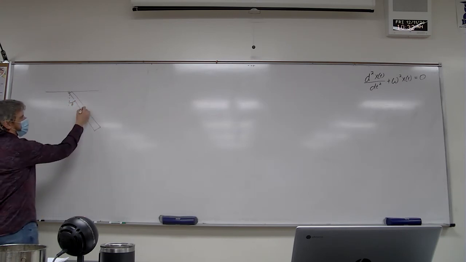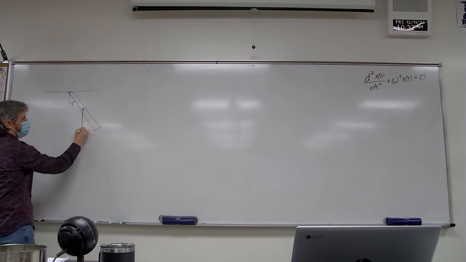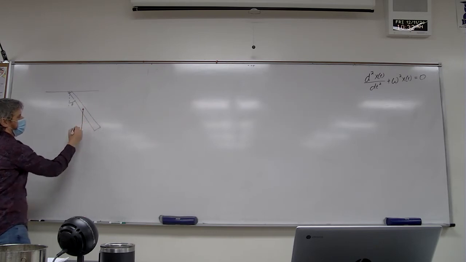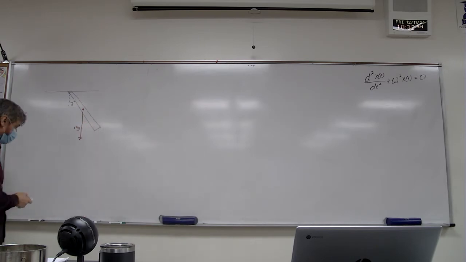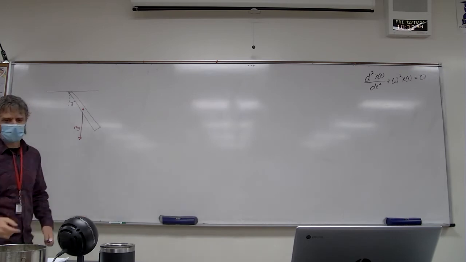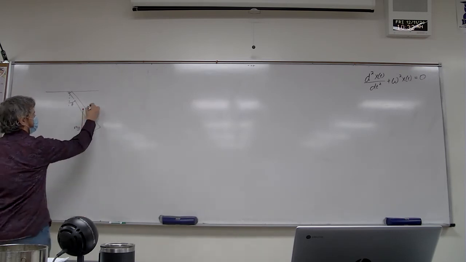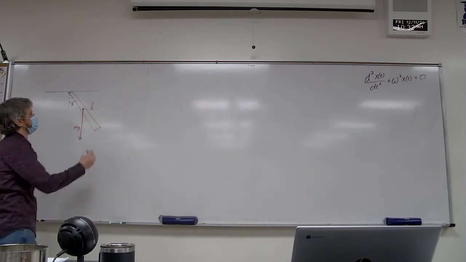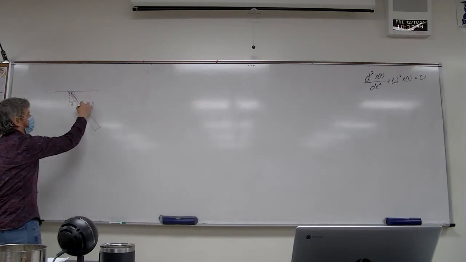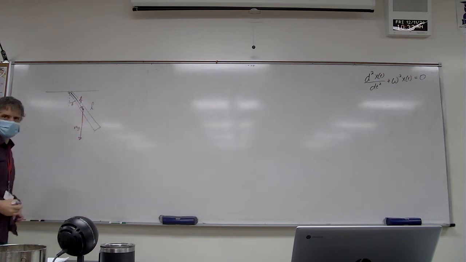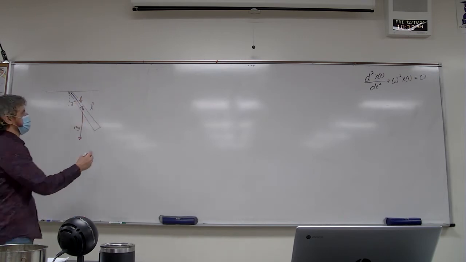But the weight force is drawn from the center. If the pendulum itself has a length L, that's not the lever arm. The lever arm will be this, which is technically r, but I can also label it as L over 2. But everything else we do the same way.